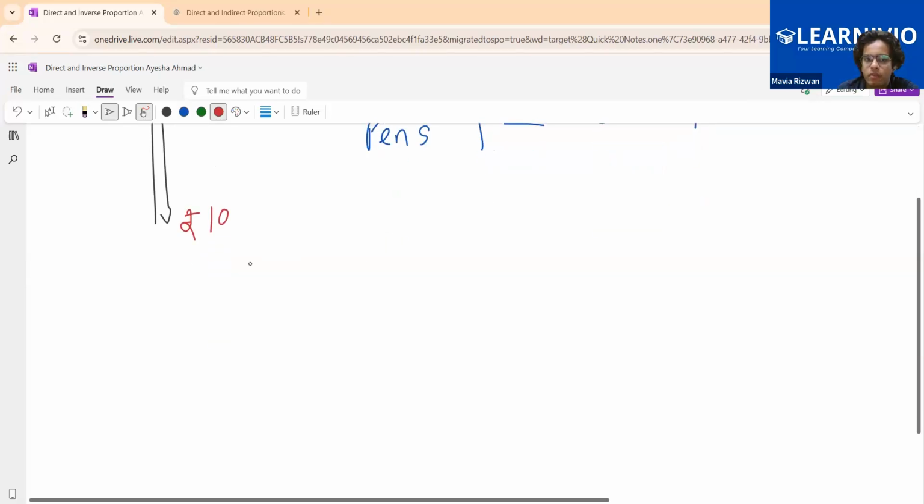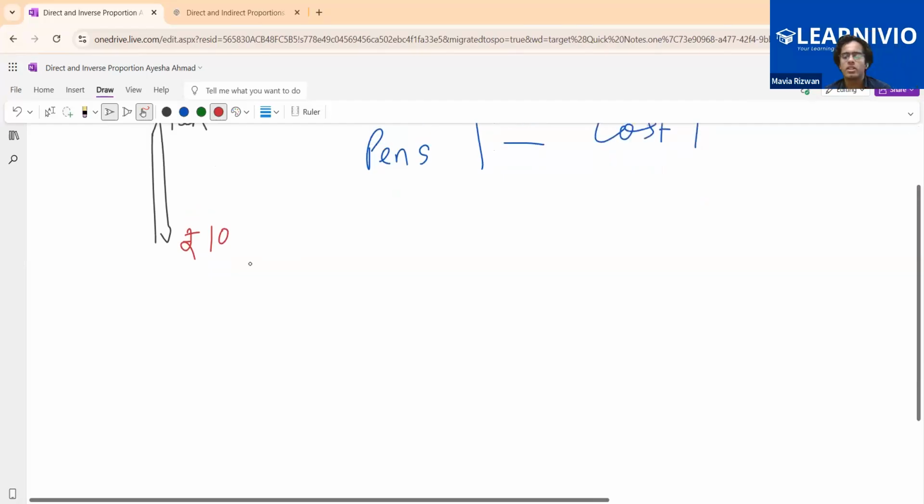Now Aisha, I'll give you a very good example for inverse proportion. Suppose you had a school project in which the teacher said four students in a group. You decided the four of you would take 10 days to complete the project.